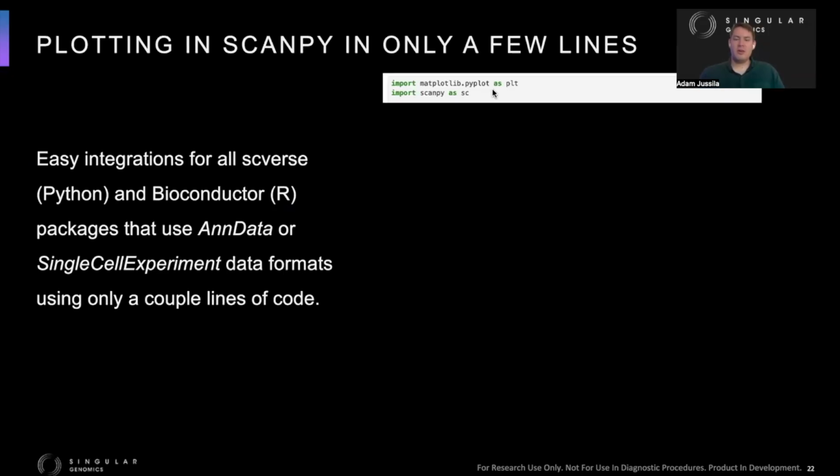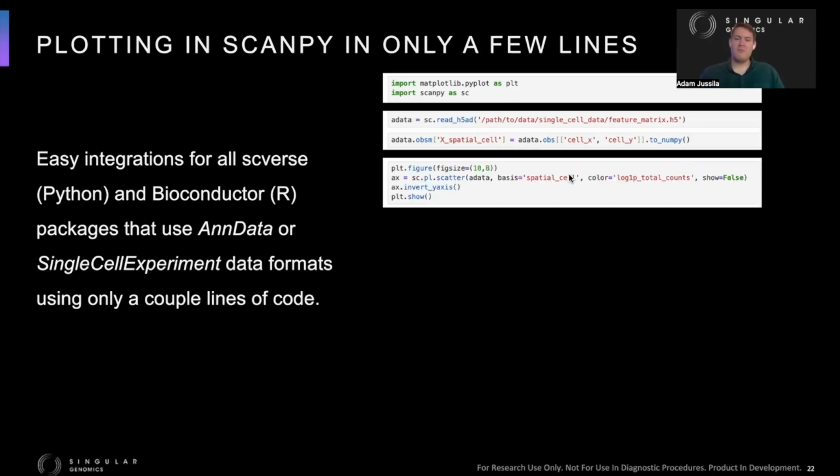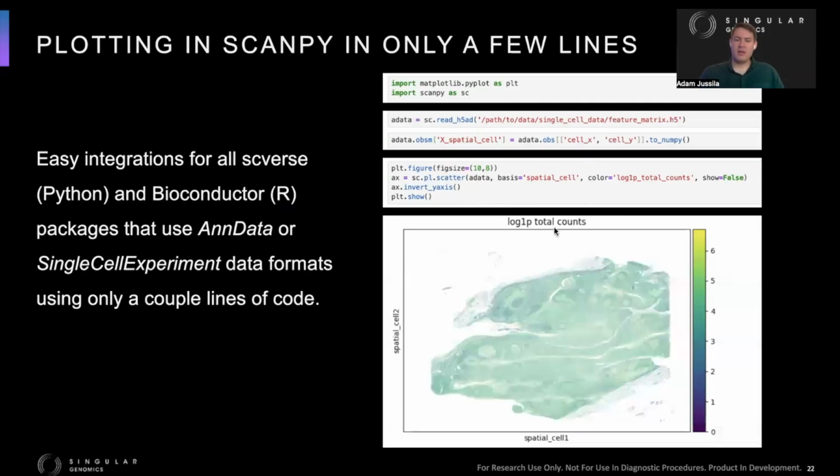It's as simple as importing your libraries, reading in our pre-made H5 data in the customer outputs, performing a one-line transform, and immediately we can call scanpy.pl.scatter, one of the core plotting functions in Scanpy, using default parameters and produce this beautiful spatial map showing log total counts of transcripts.